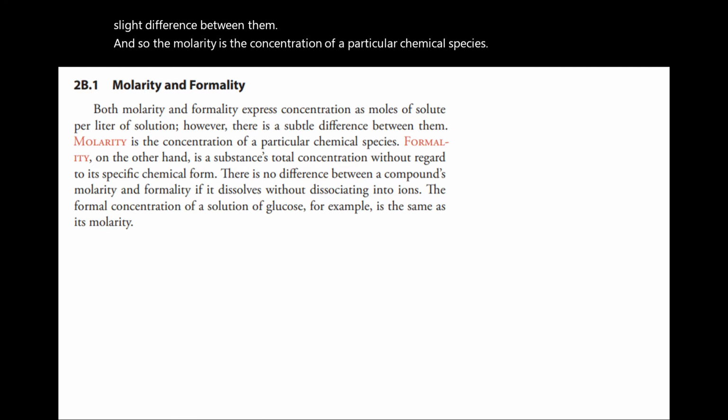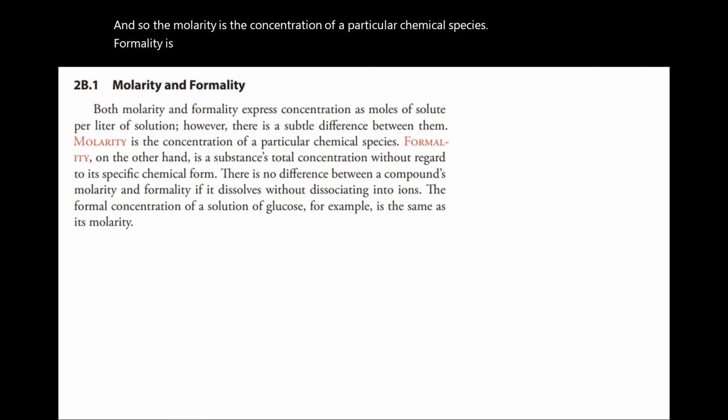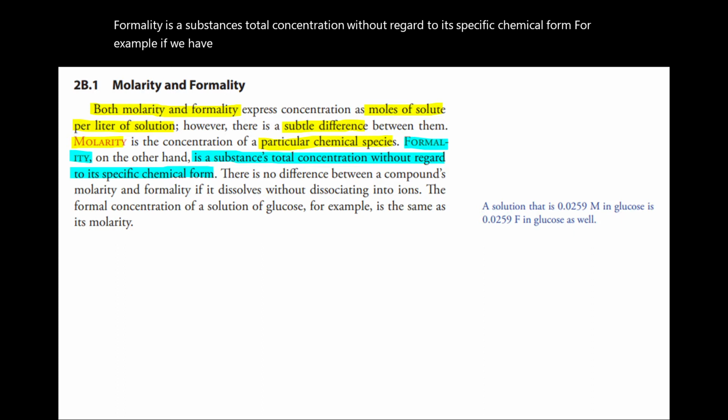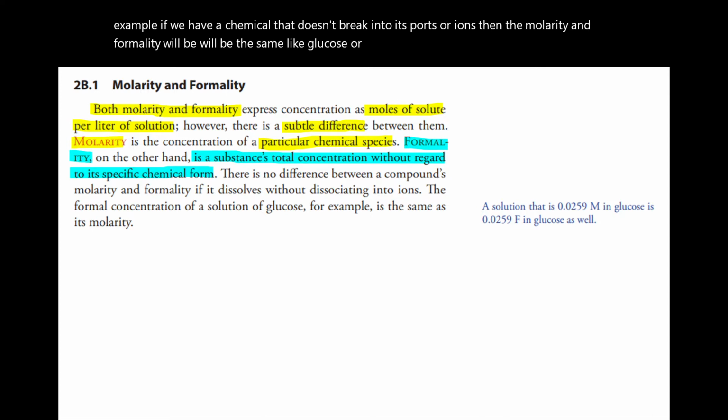Formality is a substance's total concentration without regard to its specific chemical form. For example, if we have a chemical that doesn't break into its parts or ions, then the molarity and formality will be the same, like glucose or alcohol and so on.